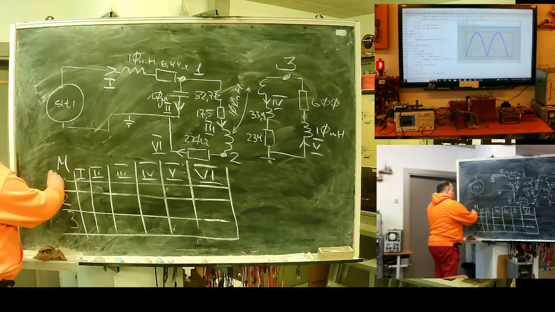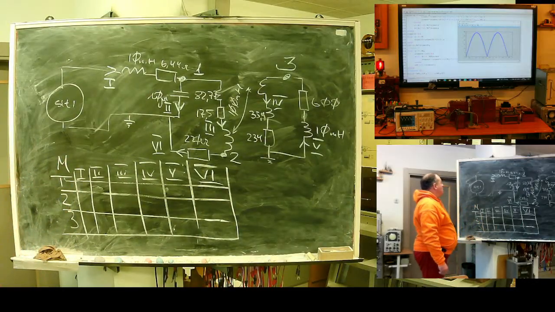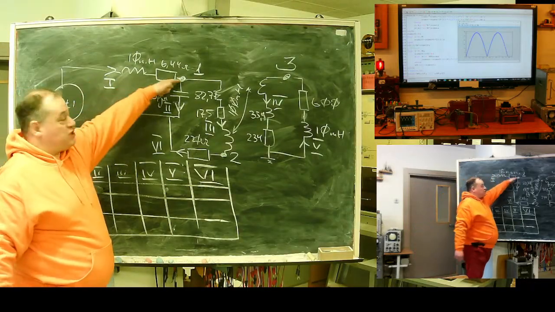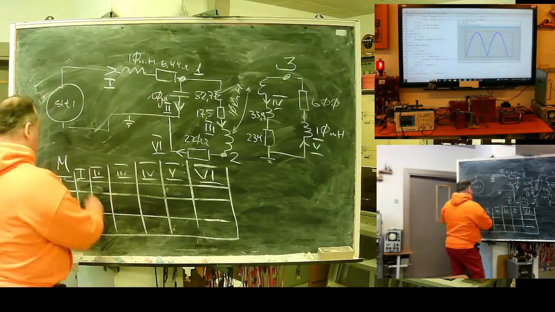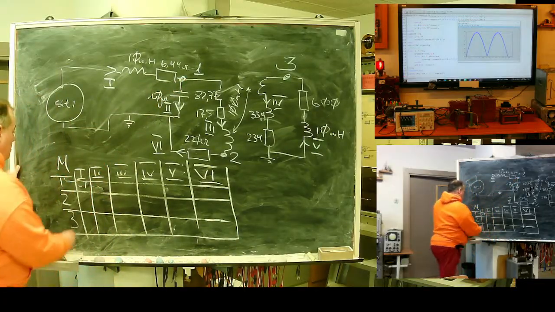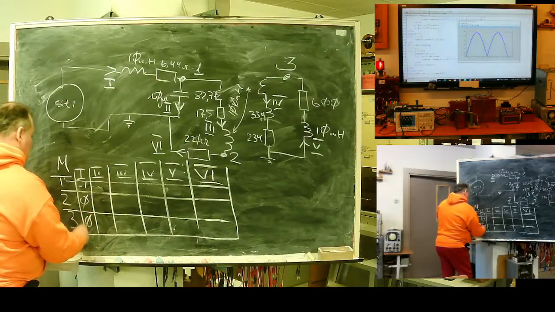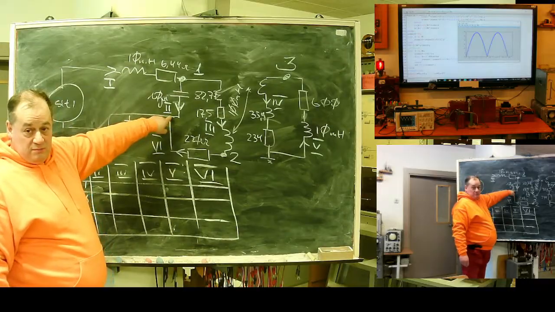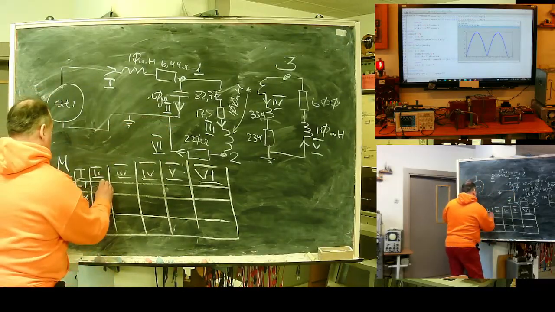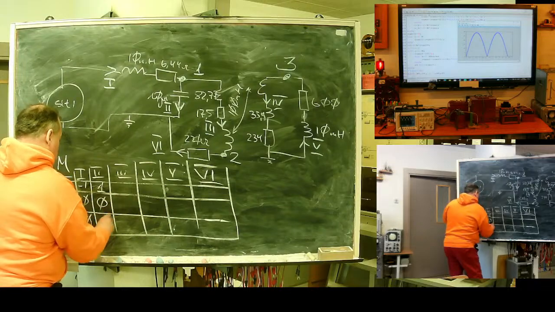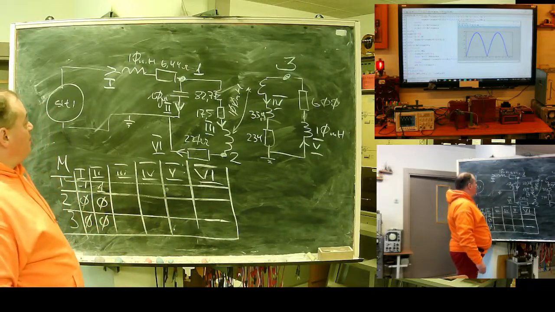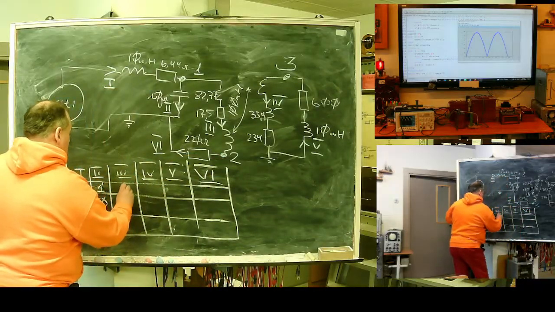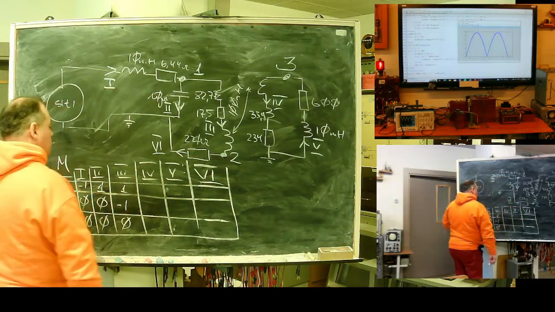First matrix of incidence. First node, what do we see? First branch inflows into the first node. This means I write -1. No more connection. Branch number 2 outflows from the first node. 1, 0, 0. Branch number 3, from 1 to 2.